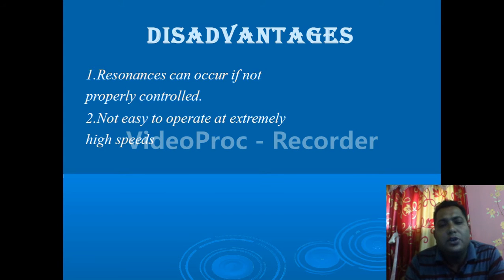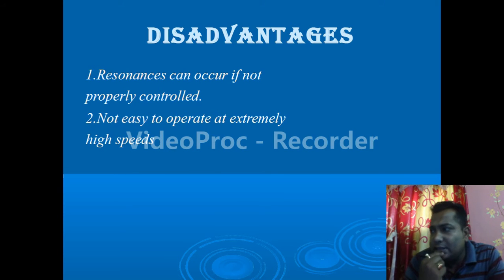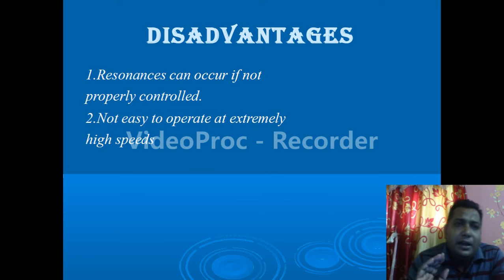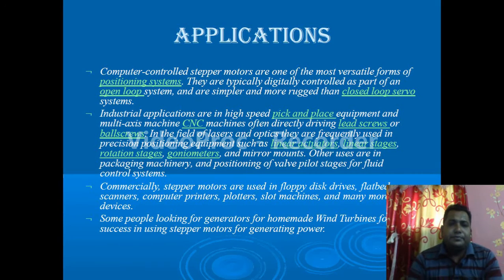It is also not easy to operate at extremely high speed. Definitely, as it has different step angles, it is very difficult to handle at a very high speed. So these are the advantages and disadvantages of the stepper motor.